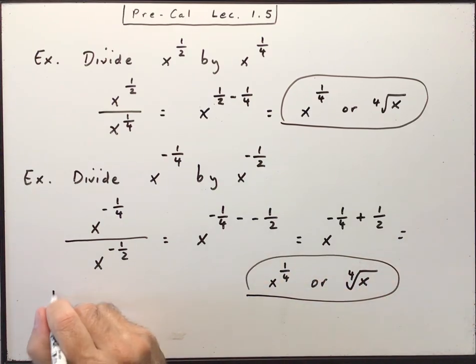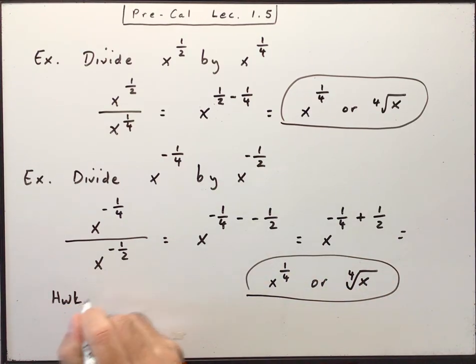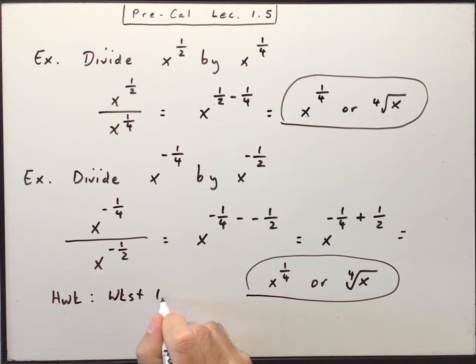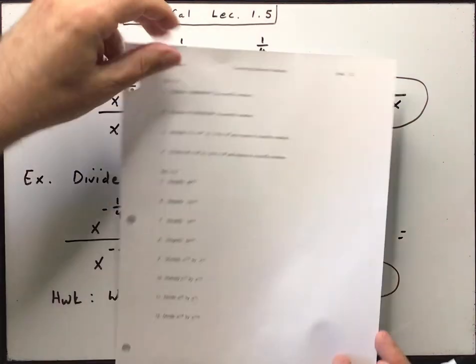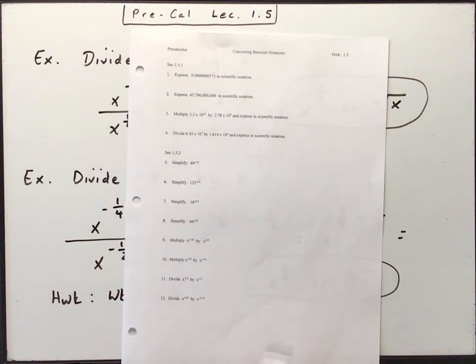Okay, so your homework is going to be worksheet 1.5. And just looking over that, you've got a few scientific notation problems, and then the similar problems to what we just did. Just simplify them. Go ahead and take them all the way out if required.